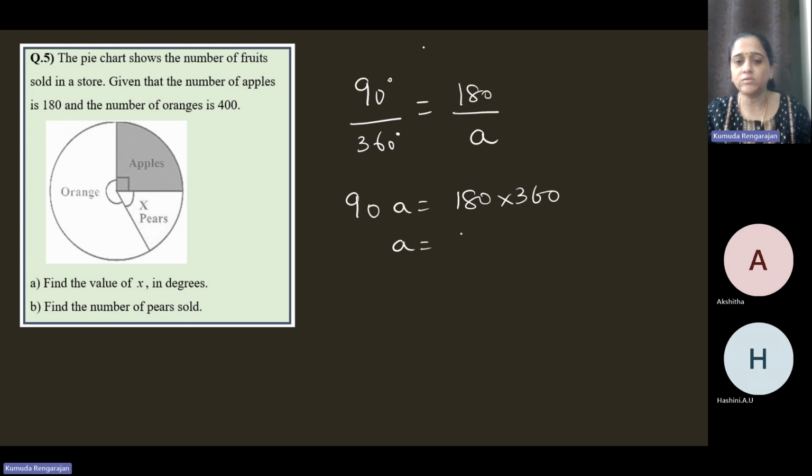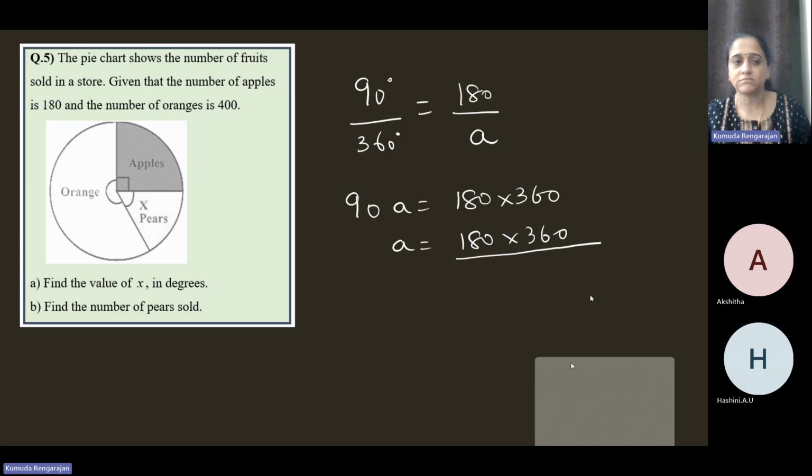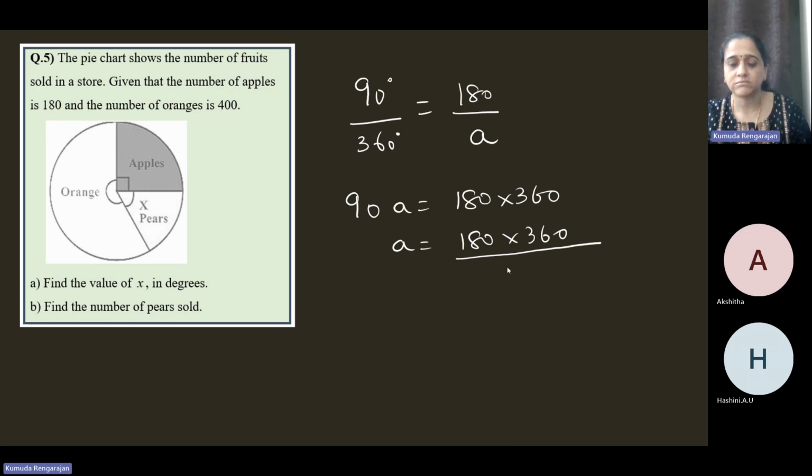So A is equal to 180 into 360 by 90. 180 by 90. So A is equal to 720. You understand? That means the total number of fruits is 720.